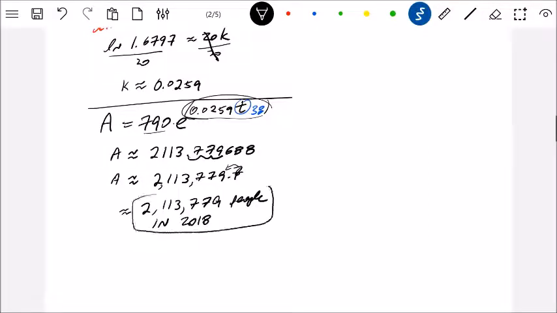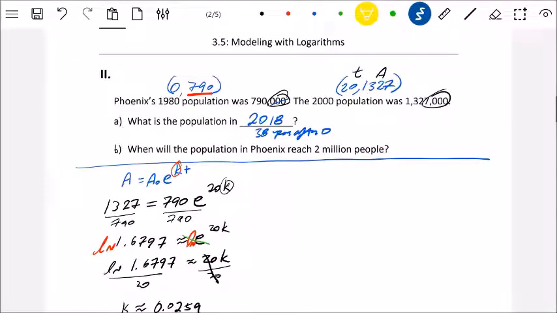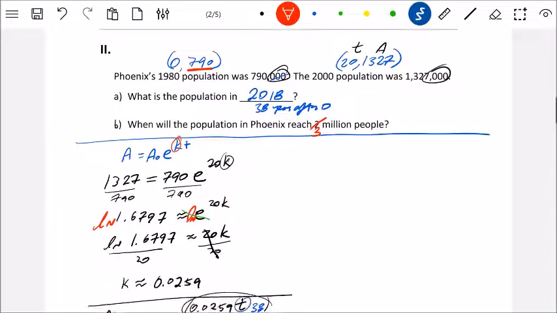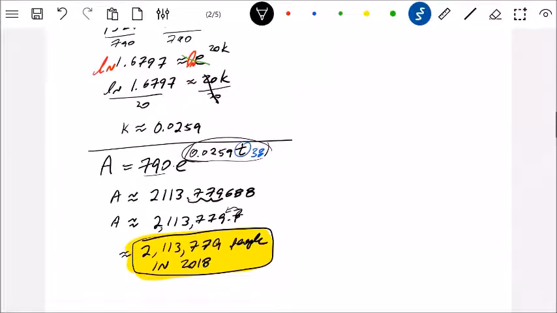Okay. Now that means we need to change something. I've forgotten that they already had 2 million people by 2018. So that should be 3 million people. So if you did this before, then you would go back and change it to 3 million and see if you're going to get what I'm going to get here.